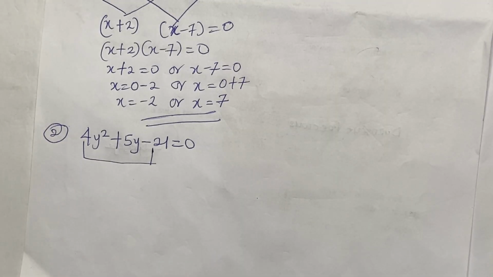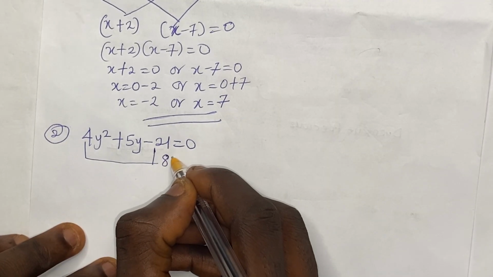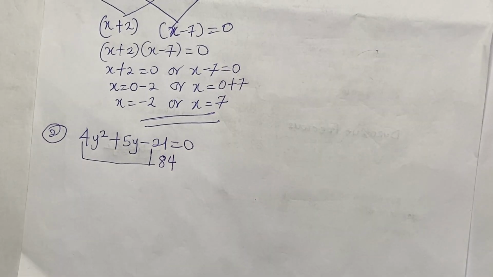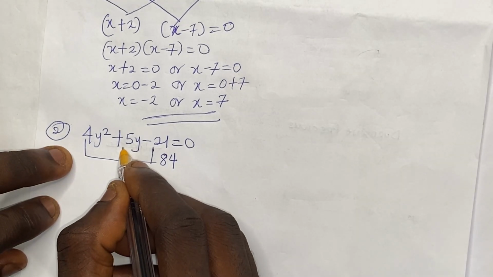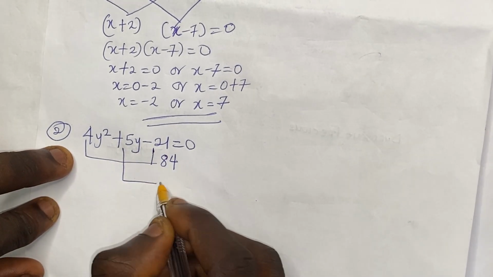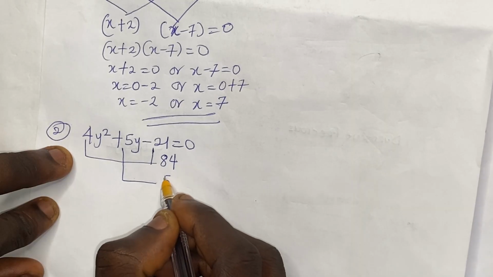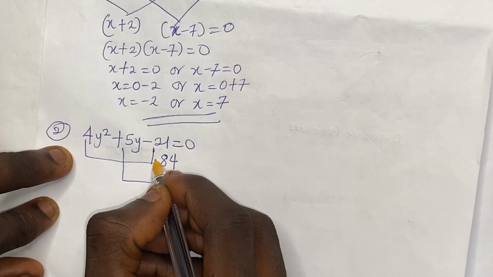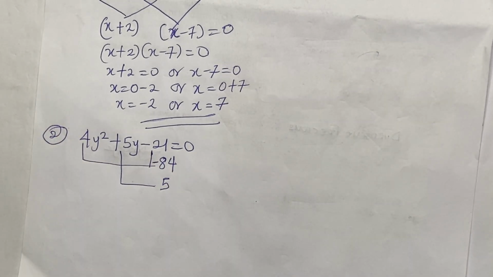If you multiply 4 and 21 together, what will you get? 84. Are you seeing that now? You will have minus 84, and here you have 5.